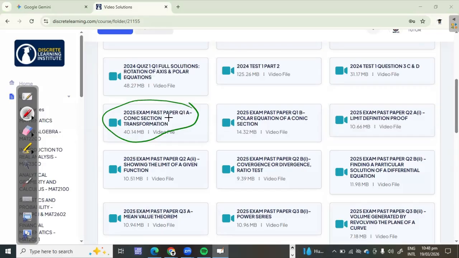So 2025 past paper question 1. So you see that these things actually come in the exam. And this here is a transformation equation as we have solved, which is part of tutorial sheet 1. And also here it's on the polar equation, which is also on tutorial sheet 1. So do well to watch these videos, okay, as you prepare for your quiz. Okay, I'm wishing you all the best in your studies as you prepare for your quiz.